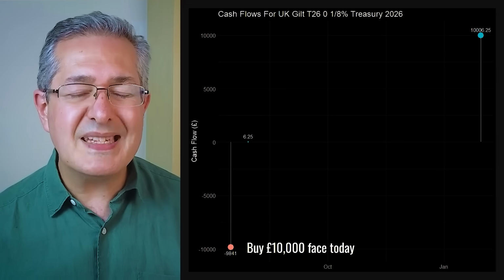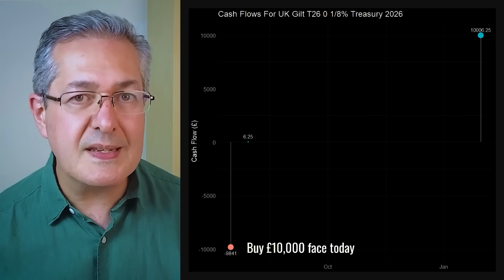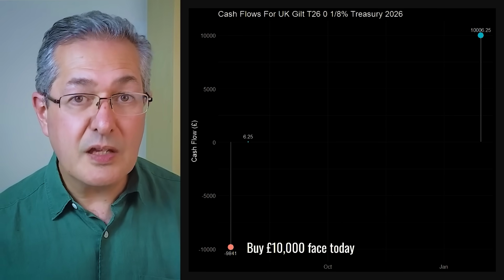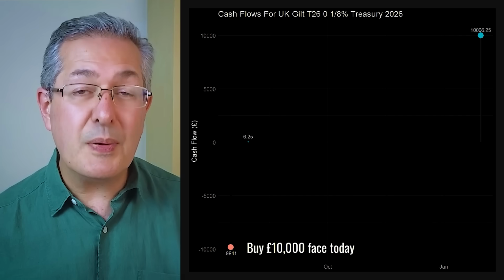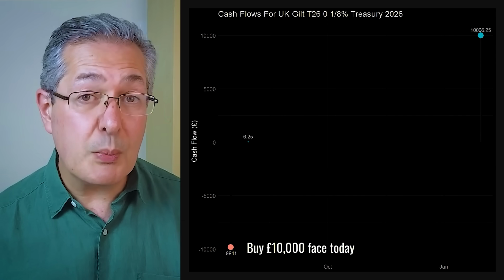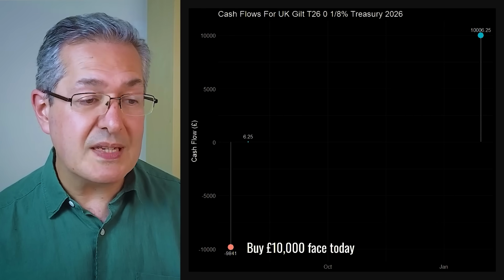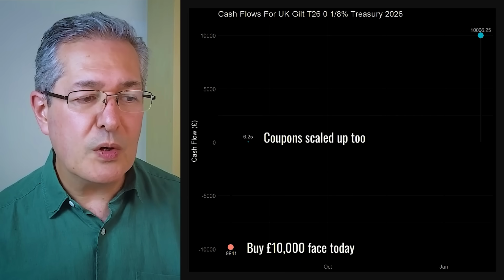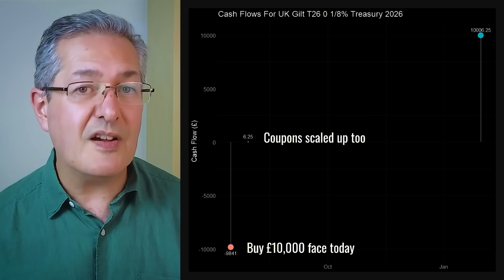So let's say that you buy £10,000 worth face of our first gilt, which is T26. Now the coupons that you receive are a percentage of that face value. So if the coupon is 1/8%, and those are received every 6 months, then on a £10,000 face value, your coupons will be £6.25.